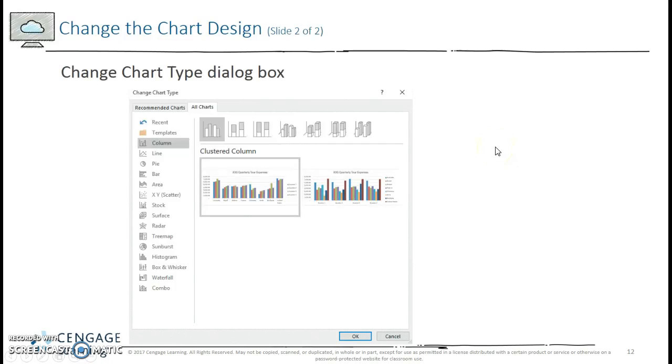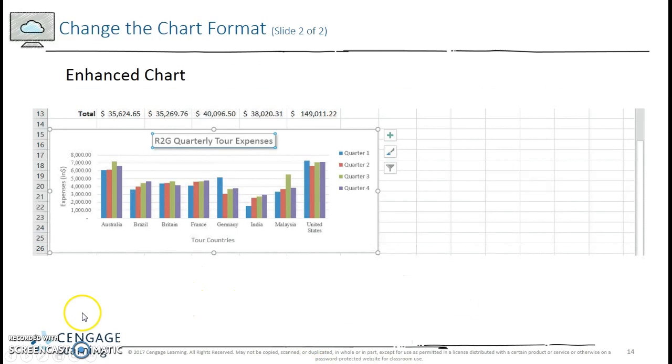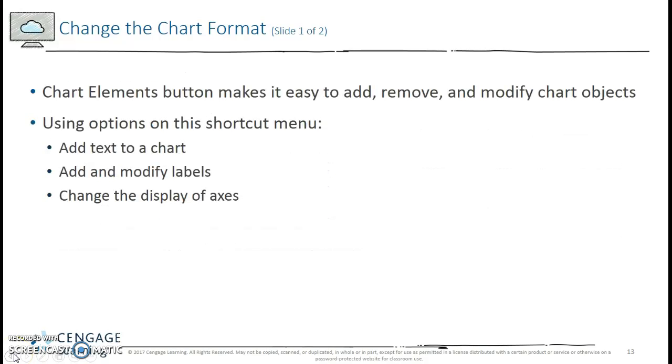Here's the chart type dialog box. This is where you would choose which kind of chart you want to make with the data you've chosen. The chart elements button makes it easy to add, remove, or modify the chart objects. You can do that by using the options on the shortcut menu. You can add text to a chart, modify labels, and change the display of the axis.